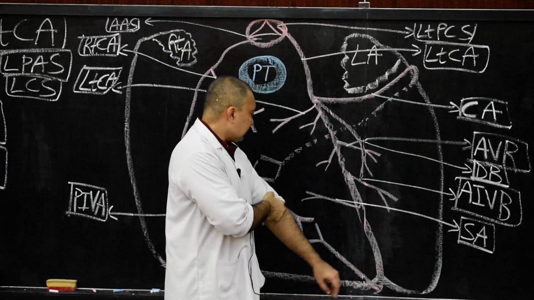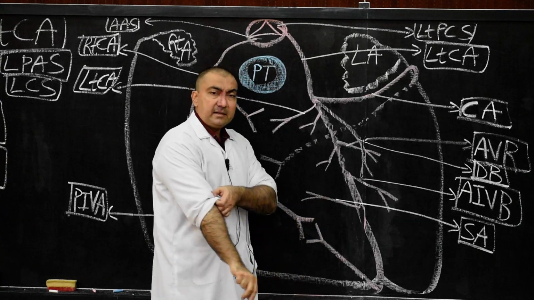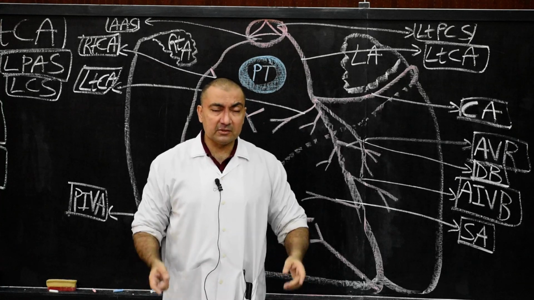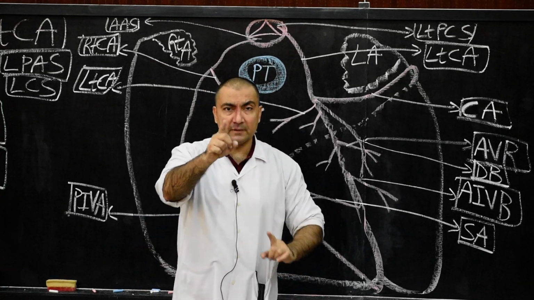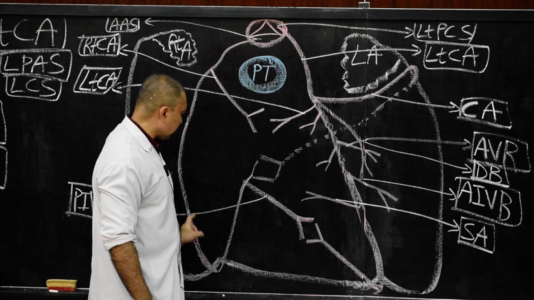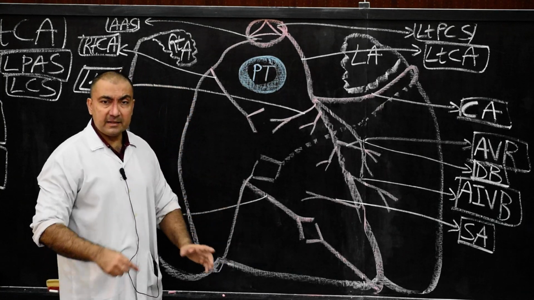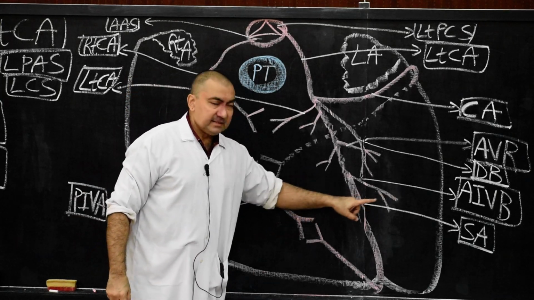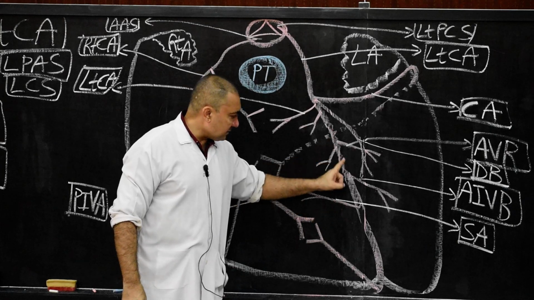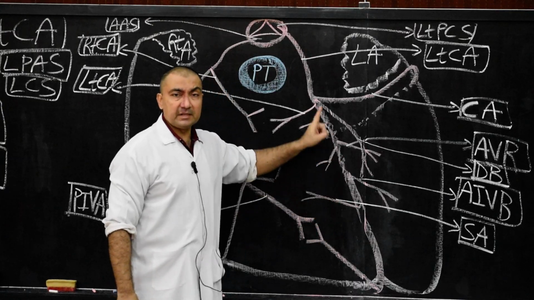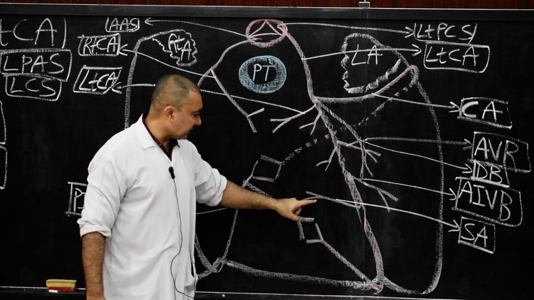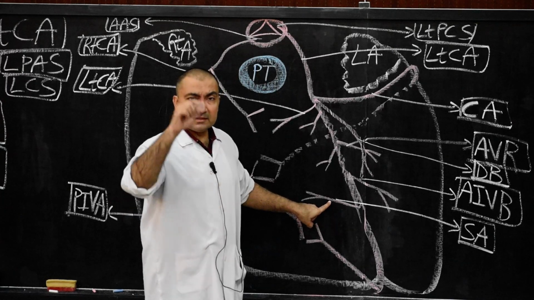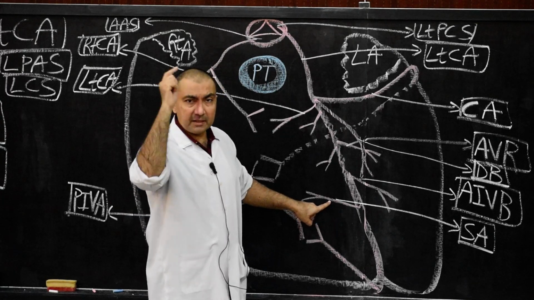Please note down, because we have already discussed that the posterior inferior 1/3 of the ventricular septum was supplied by the septal branch of the right coronary artery, and the anterior superior 2/3 of the ventricular septum is supplied by the septal branch of the anterior interventricular artery, which is a branch of the left coronary artery. So this segment is very important. Once again I will repeat, the anterior superior 2/3 of the ventricular septum.